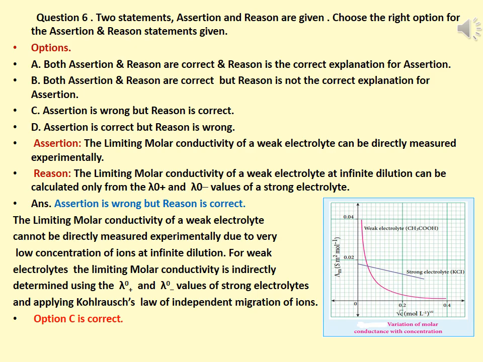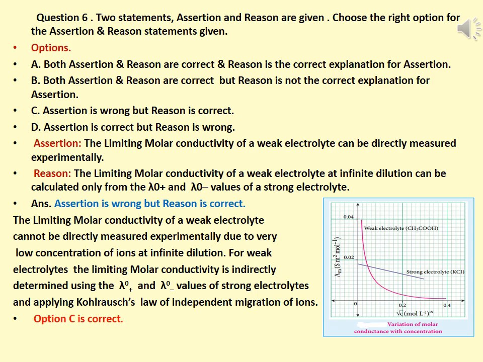For weak electrolytes, therefore, the limiting molar conductivity is indirectly determined using the lambda naught plus and lambda naught minus values of strong electrolytes and applying Kohlrausch's law of independent migration of ions.